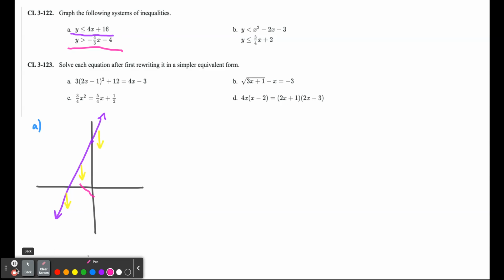And it'll be dotted. And then greater than is like above. So then you shade the area where they intersect. So that's over here. So then we'll shade over here.